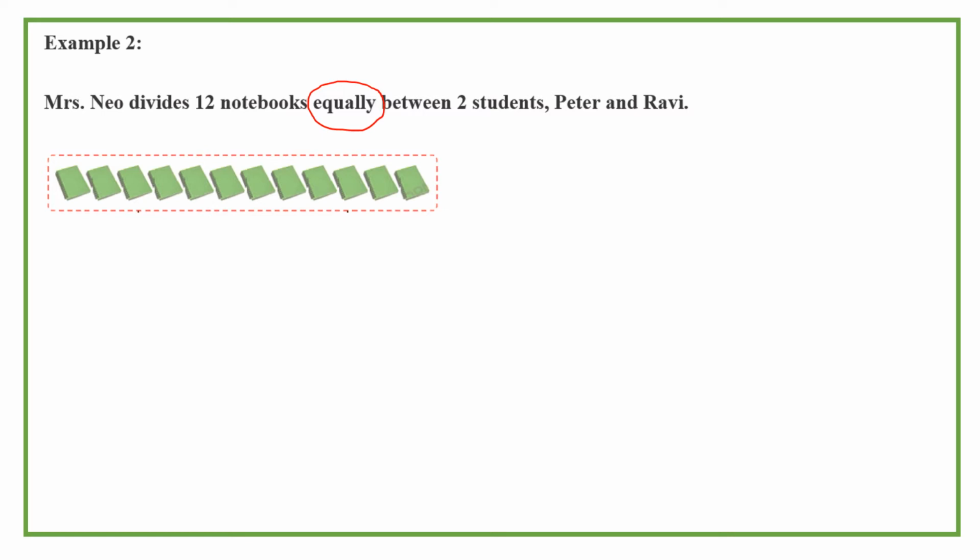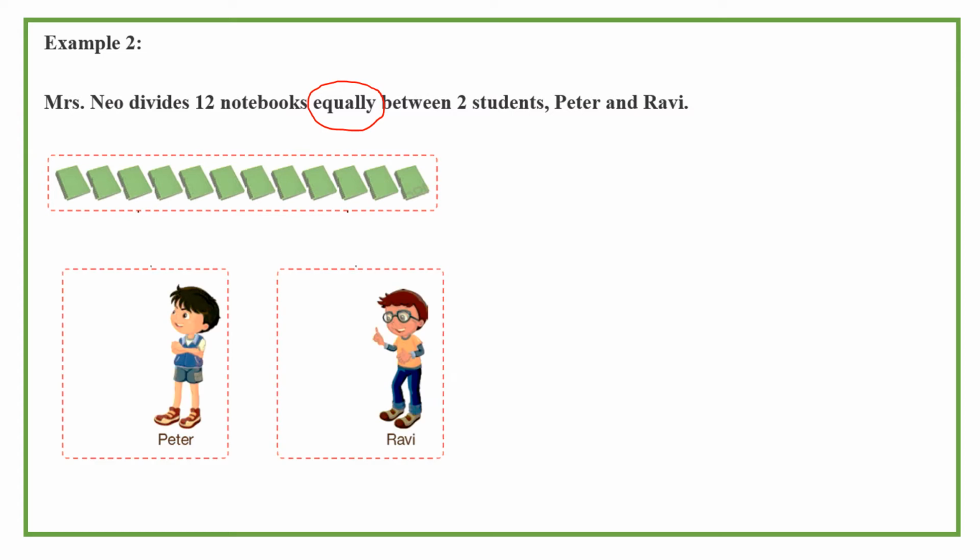It means that after dividing, Peter and Ravi must have the same number of notebooks. So we have Peter and Ravi. Now we will take away 2 notebooks from 12 and we give 1 book to Peter and 1 book to Ravi.